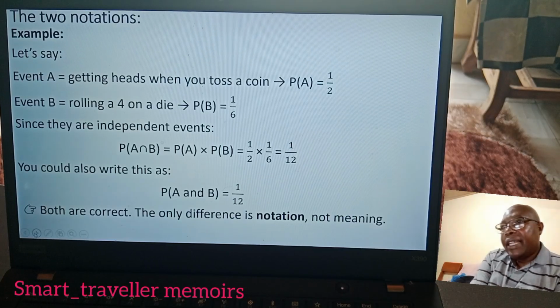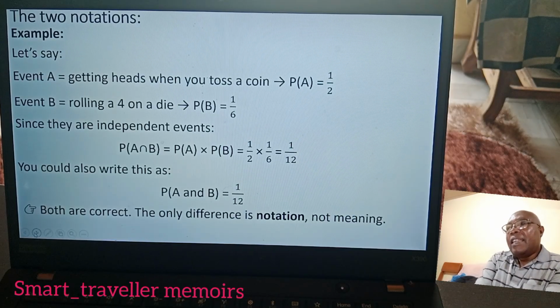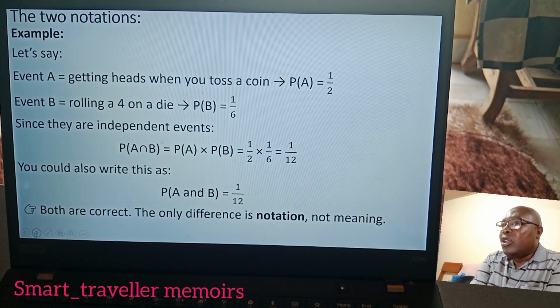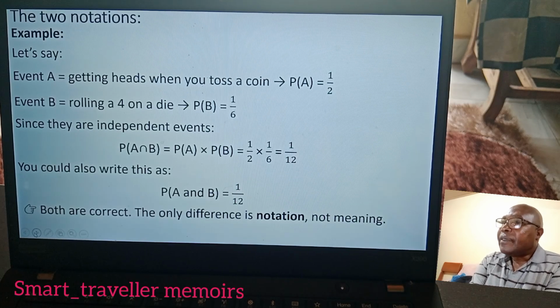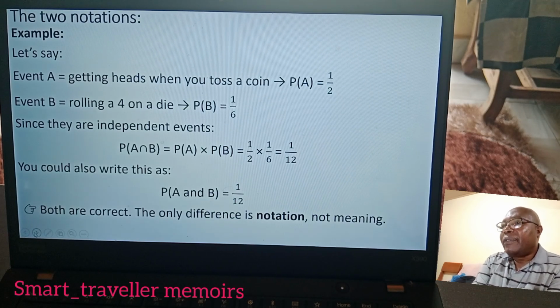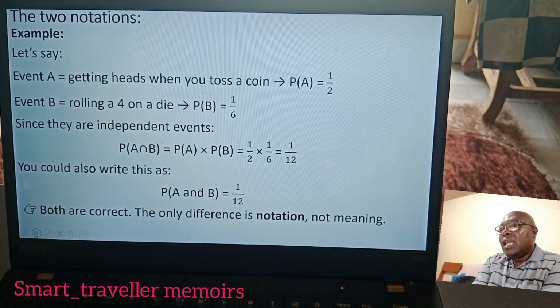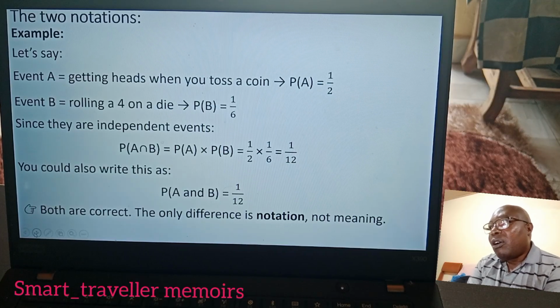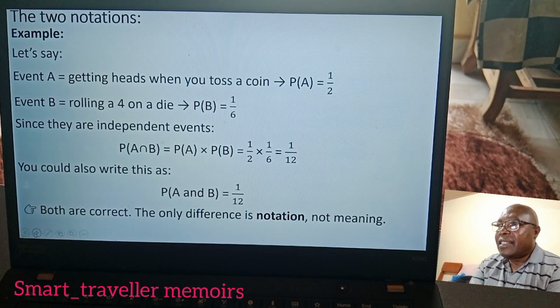The two notations. Example, let's say event A equals getting heads when you toss a coin. This implies P(A) is equal to a half. Event B equals rolling a 4 on a die. This implies the probability of B is 1/6.